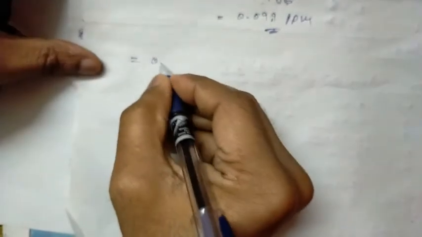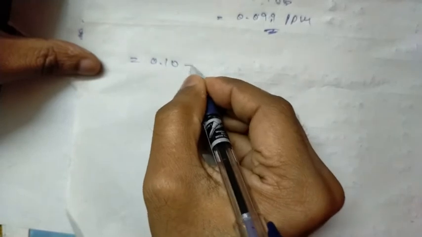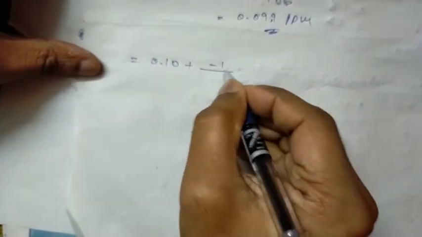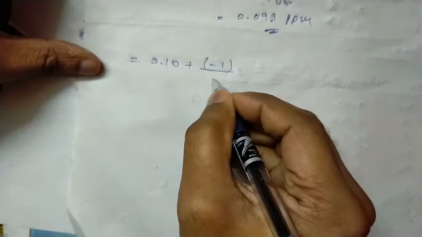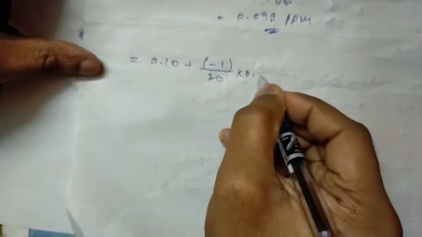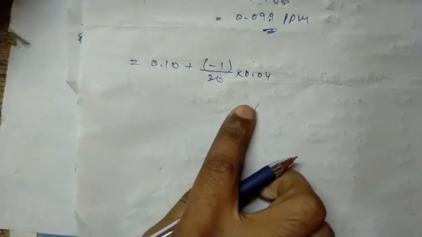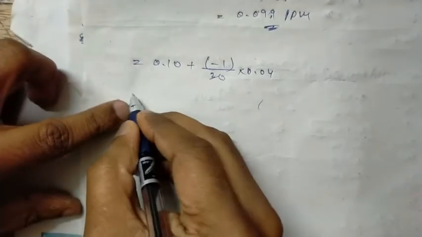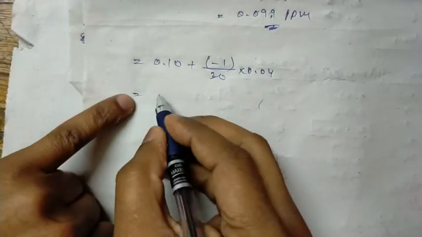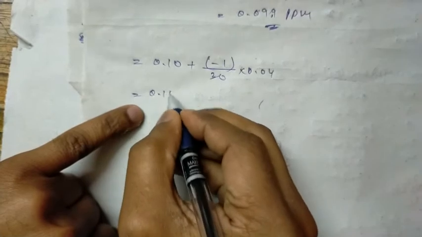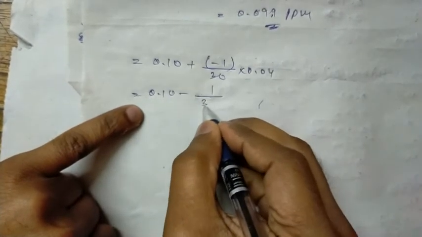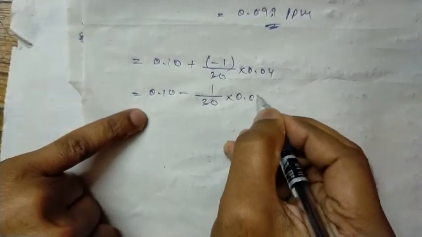It is 0.110 plus -1 by 30 into 0.04. So it will be 0.110 minus 1 by 30 into 0.04.